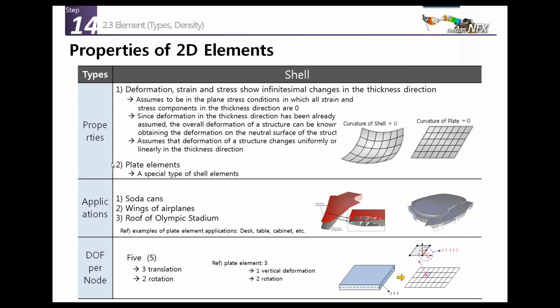And the same, you have some different types of properties. The properties depend on the type of things you want to do. Plate elements are a special type of shell: the curvature of the plate is 0, but the curvature of the shell can be different from 0. The applications, like I told, soda cans, wing of an airplane, roof of the Olympic Stadium, such applications can be handled with 2D plate elements, for example, or shells.